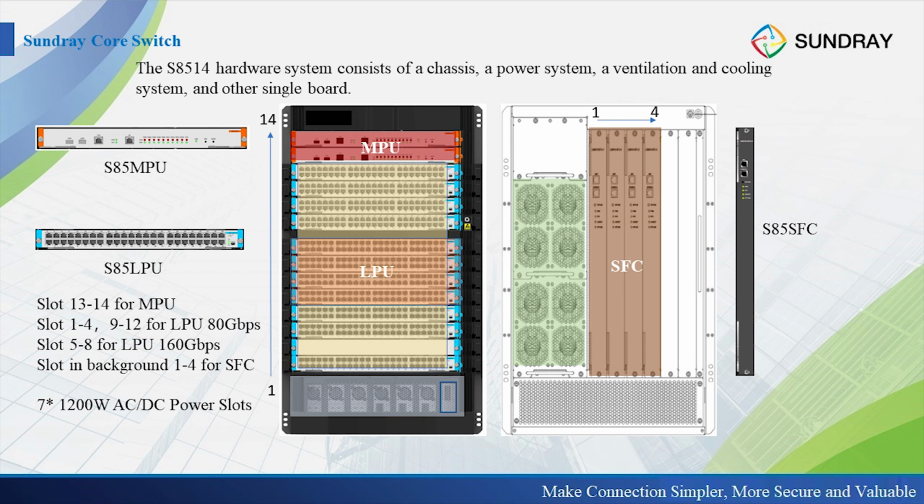So if you configure all the line boards in this device, you can calculate the switch capacity and the backplane bandwidth, and you will say, wow, this is an amazing number. It also supports 1200 watts power supply to keep the device running.